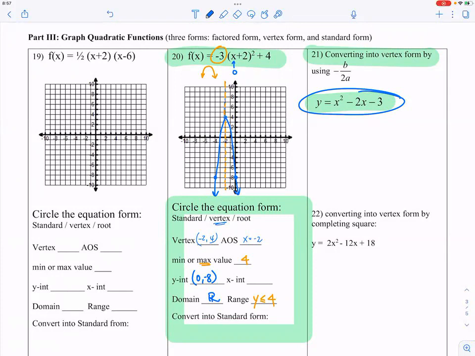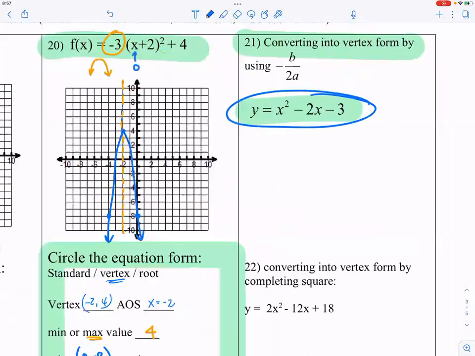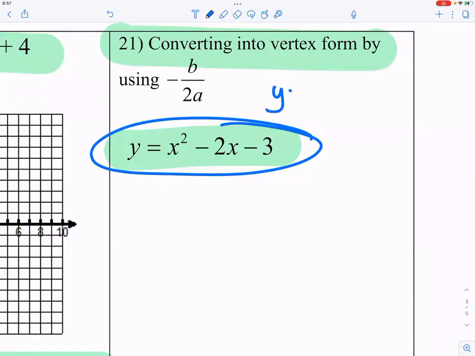Again, vertex form is y is equal to a(x minus h) squared plus k. So what's the a value? 1, because the a value here is the same a value over there. So we know the a value is equal to 1, which is good.